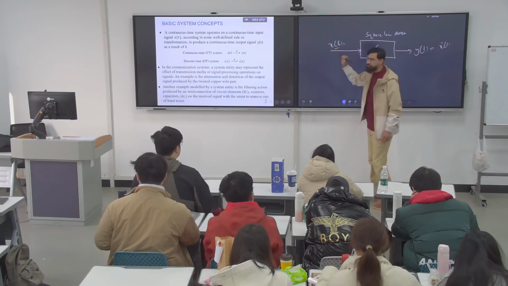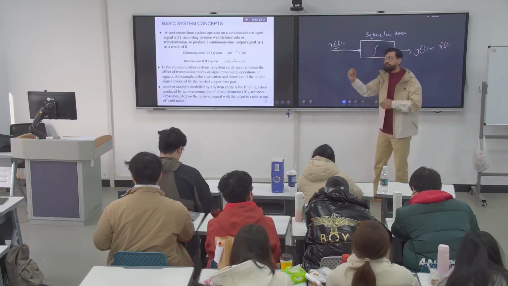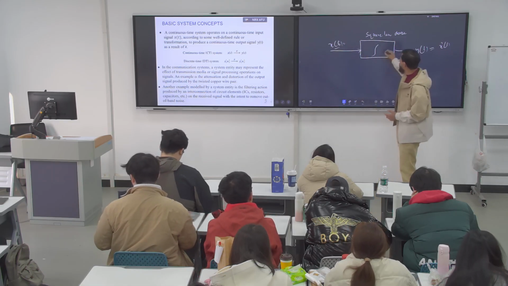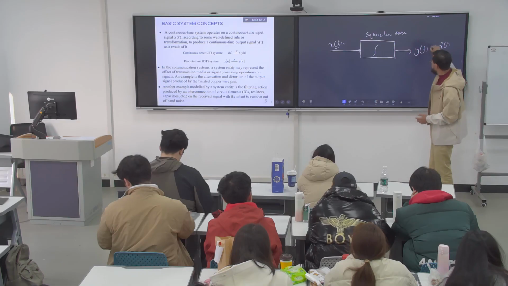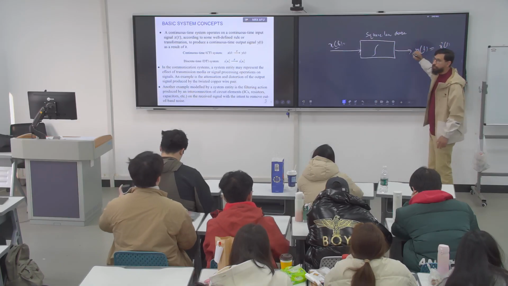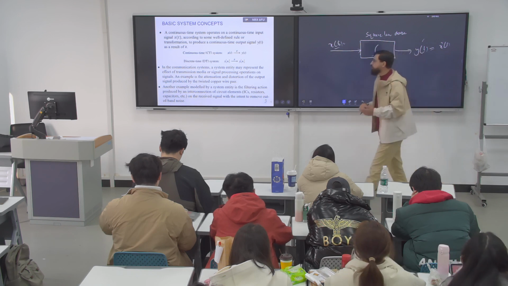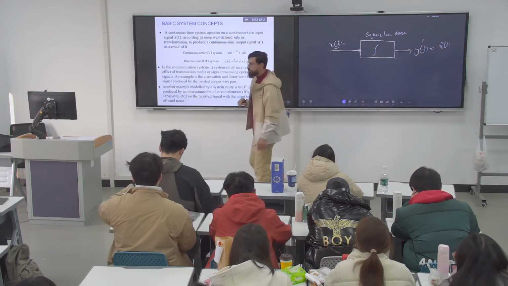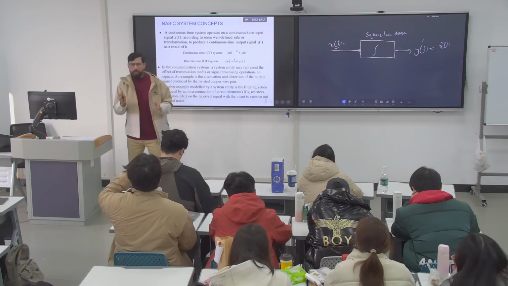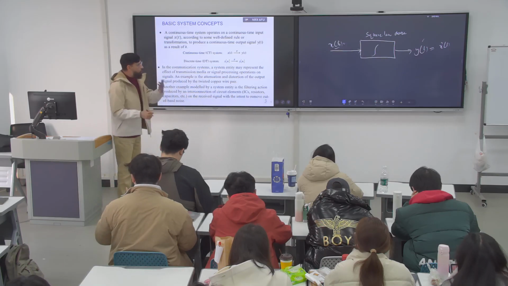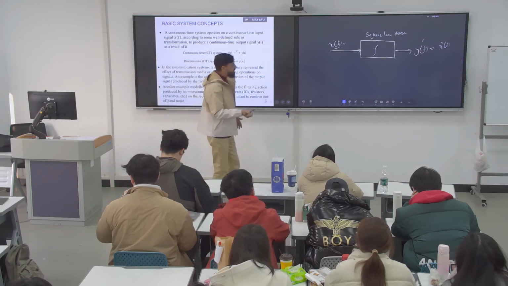Here it was x of t. So it transformed the input, and it is giving me a new signal. This is called a system. A system works on an input, transforms that input and gives you another signal.